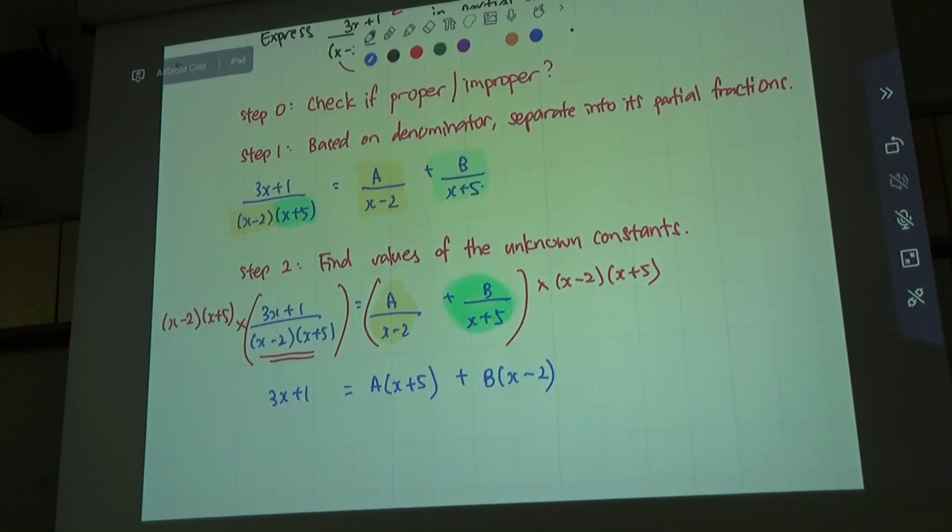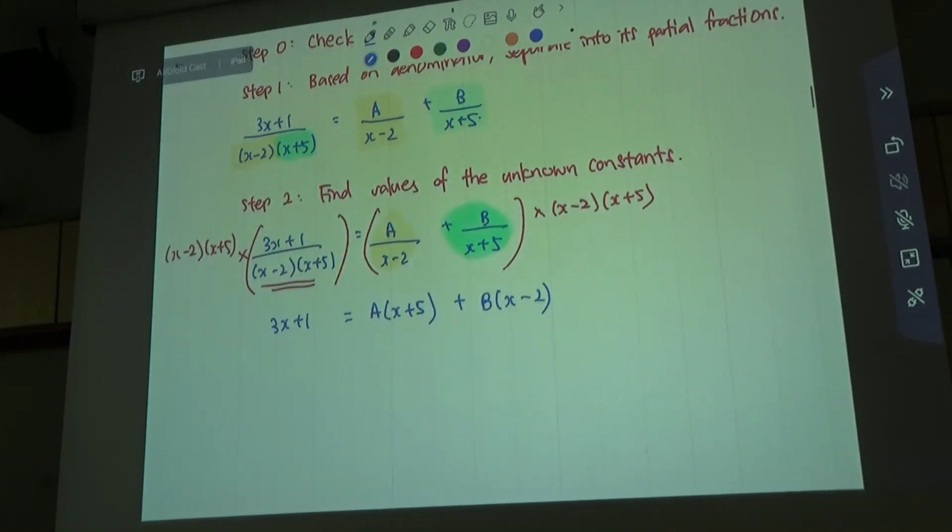Now that we have this, remember our objective is to find the values of the unknown constants A and B. I want to find out the value of A, and I also want to find out the value of B. How can I do that?